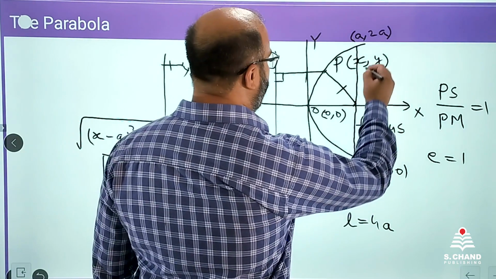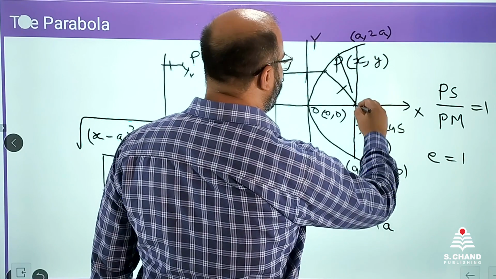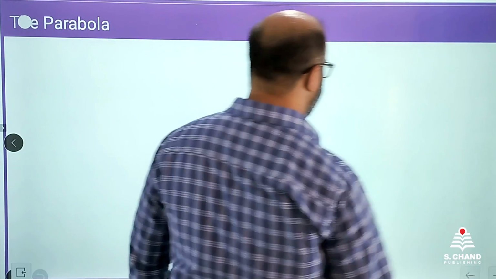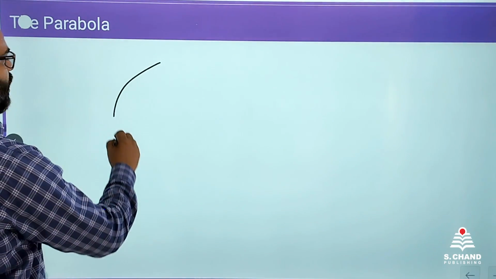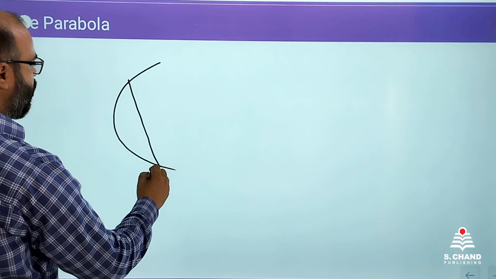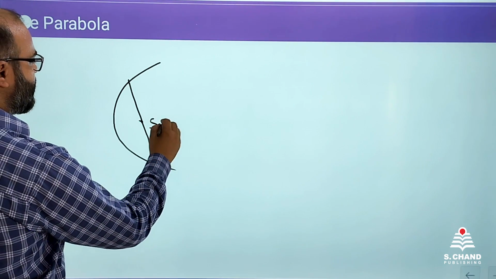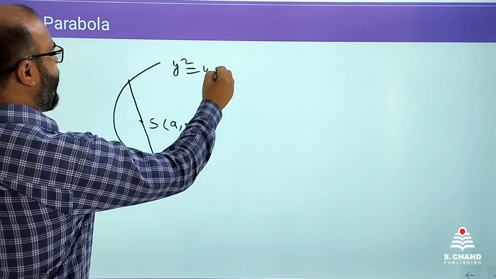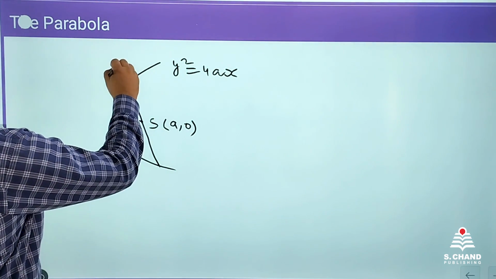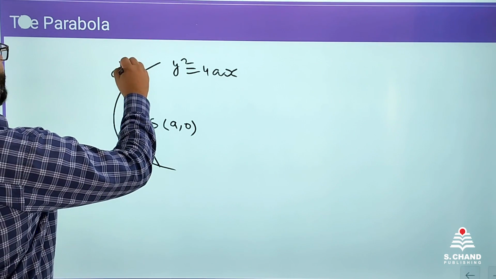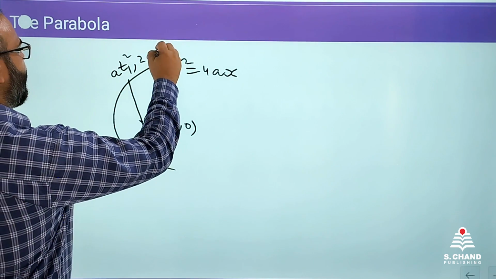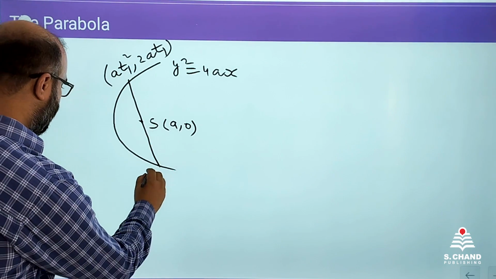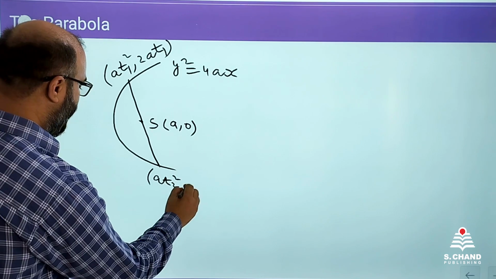Another is the focal chord. A focal chord is any chord which is passing through the focus. And there is a very important point about the focal chord. If there is a parabola and we take the focal chord passing through the focus S, a comma 0, on the parabola y square is equal to 4ax, then we have the parametric points a t1 square comma 2a t1, because it automatically satisfies the equation of the parabola, and a t2 square comma 2a t2.